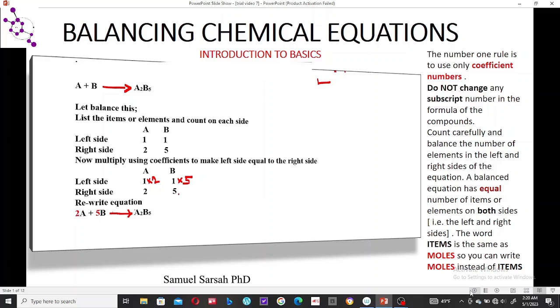Over here we have 5 of this, so you have to multiply this by 5 and write the number here. So that is 2A plus 5B will give us A2B5, and that is balanced.